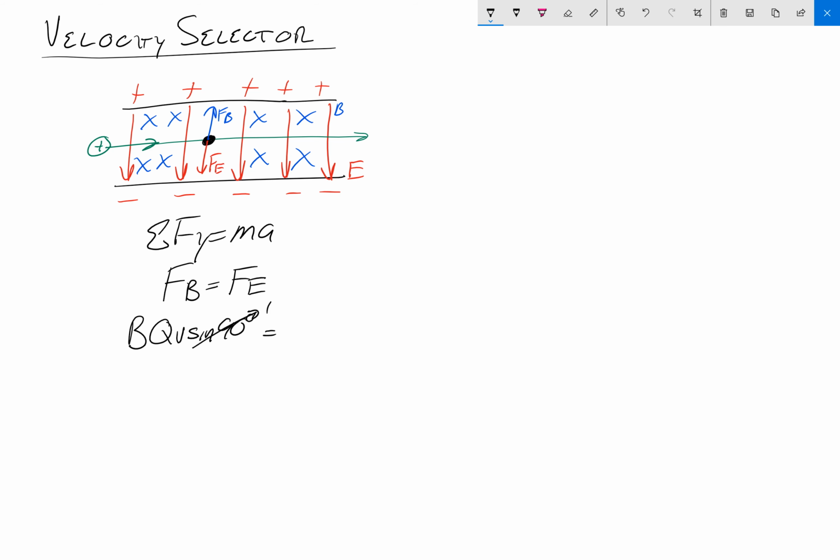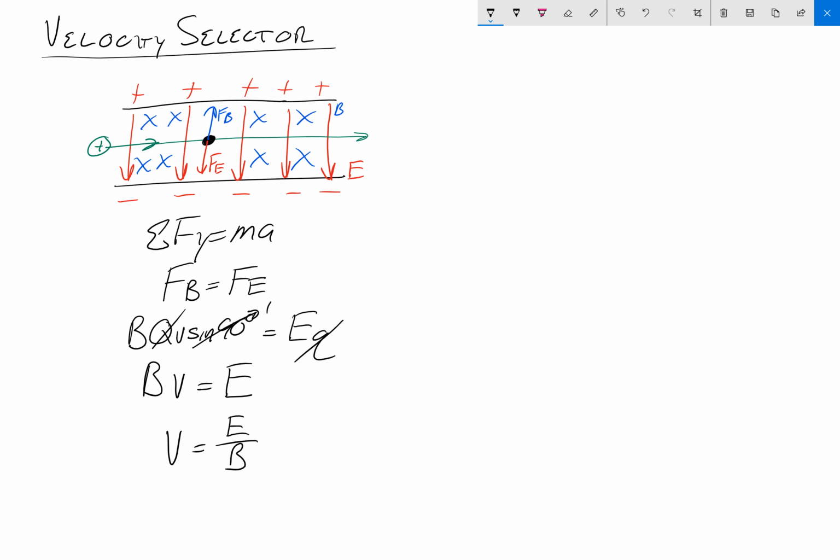And I know it's been a little bit of time, but the force of an electric field on a charge, Fe equals EQ. And I realize that one of these is a big Q and one is a little q, but either way, it's the same Q, it's charge. So we're left with BV equals E, or V is the ratio of the electric field to the magnetic field.